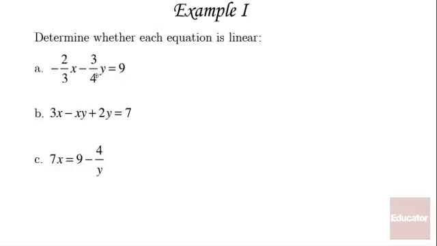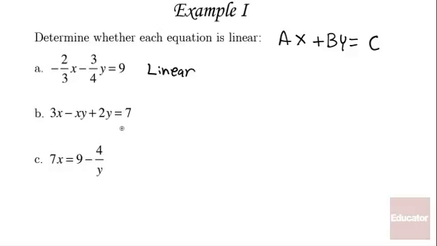A linear equation can be written in standard form, and standard form is ax plus by equals c. I'm looking over here, and it is in that form. A is negative 2/3, B is negative 3/4, and C is 9. So this is already in standard form, so it's a linear equation.